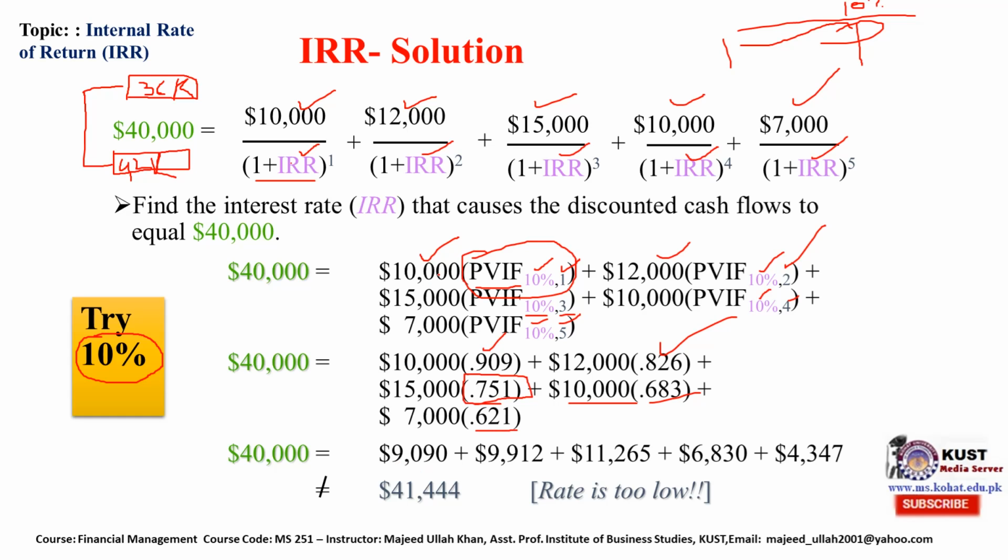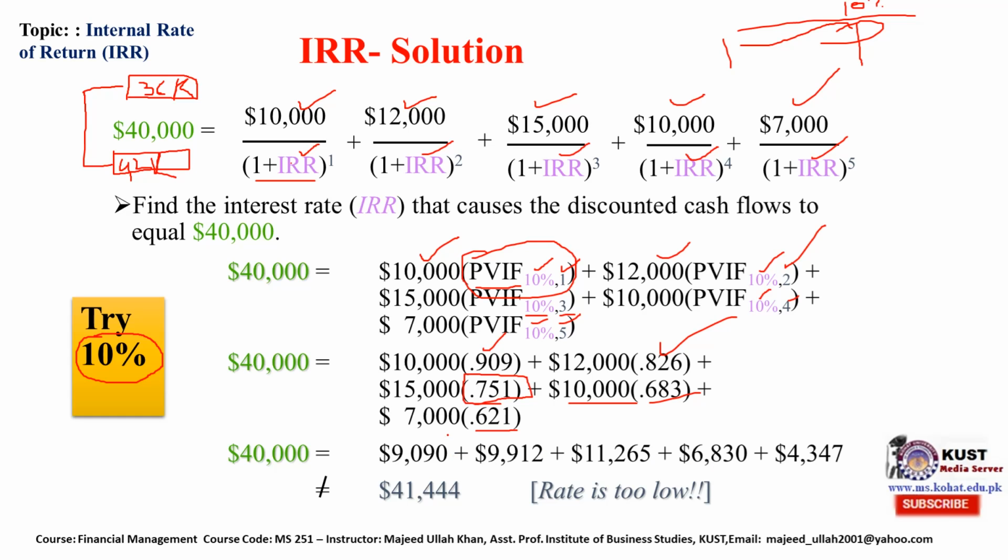Now present value of 10,000 is $9,090. Present value of 12,000 for the second year is $9,912. Present value of third year 15,000 is $11,265. Present value of 10,000 for the 4th year is $6,830. Present value of 7,000 for the 5th year is $4,345.